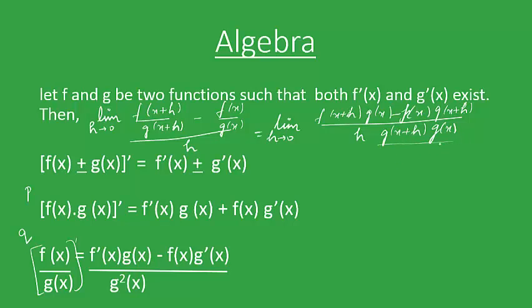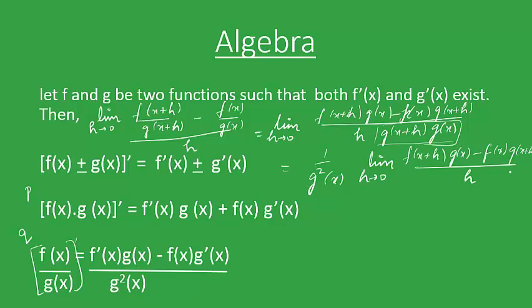Now we'll separate this particular term and the remaining terms, as the limit of this particular term exists and this individual term will also exist, as you will see later on. So the limit of this particular expression will come out to be 1 upon g square x, that is g of x into g of x, and we are left with only this particular term. So we'll have f of x plus h into g of x minus f of x into g of x plus h.